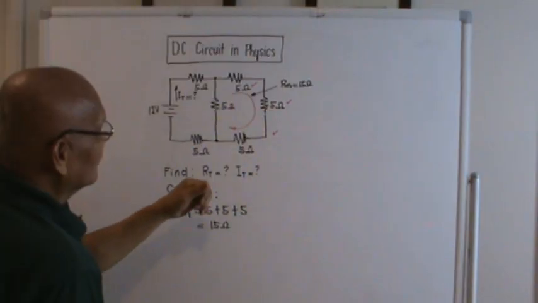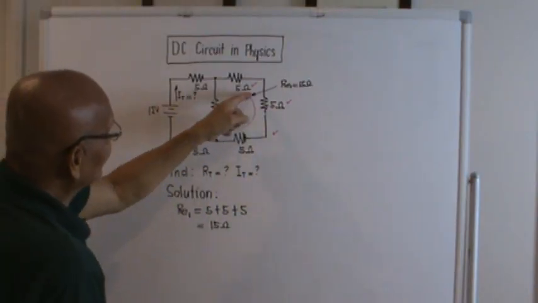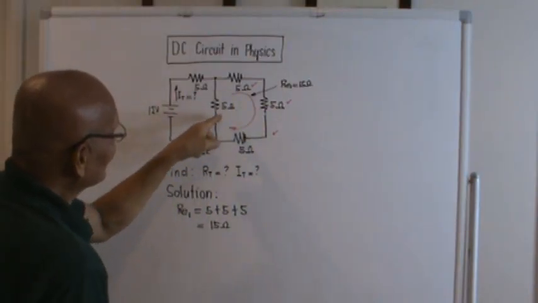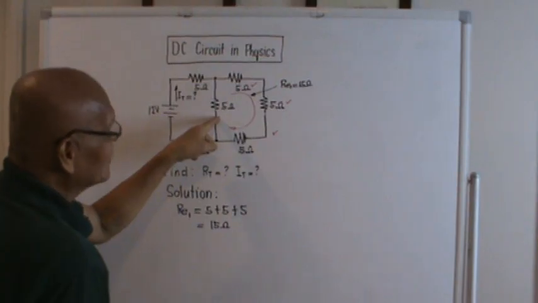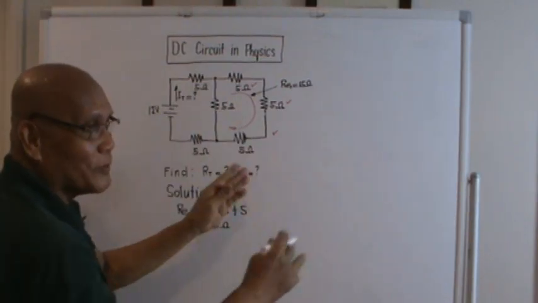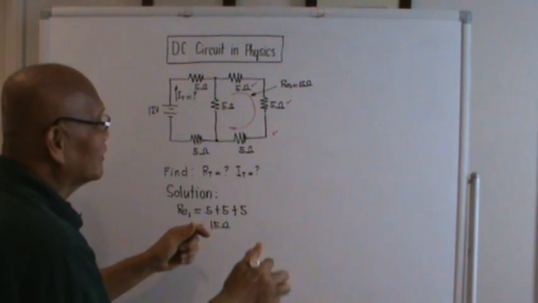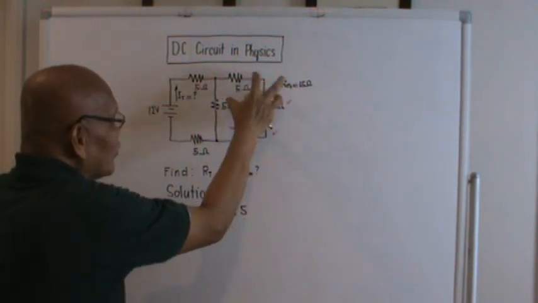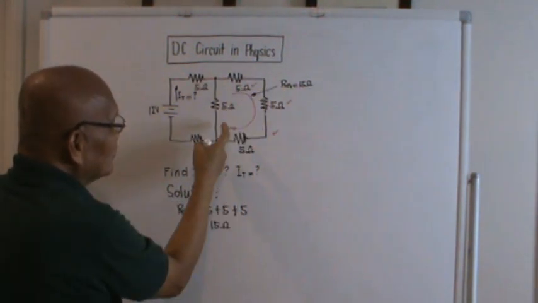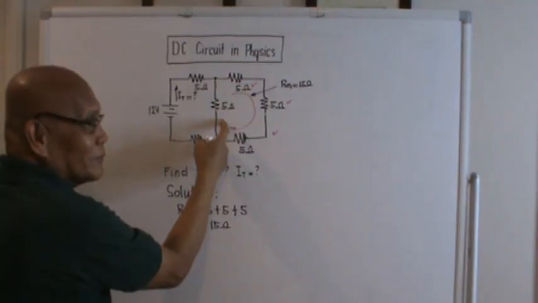Why they are in parallel? This current here is different from this one, right? Since their current are different, we could say that this 15 ohm here, the single equivalent of these 3, will be in parallel with this 5 ohm.